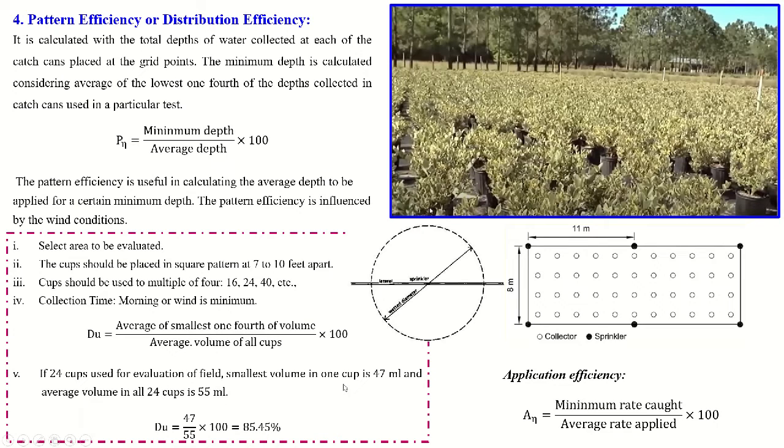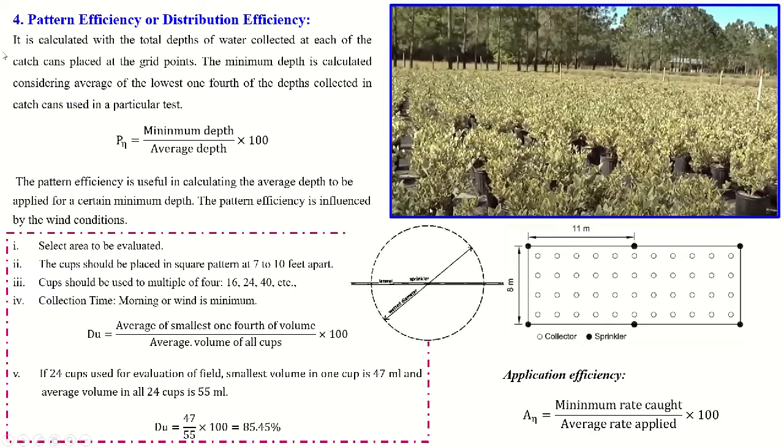The minimum value of the 1/4 volume is 47, divided by the average of all 24 cups, 55, times 100. Now I get the uniformity coefficient or distribution pattern efficiency as 85.45%. This is how we estimate the pattern efficiency or distribution efficiency.